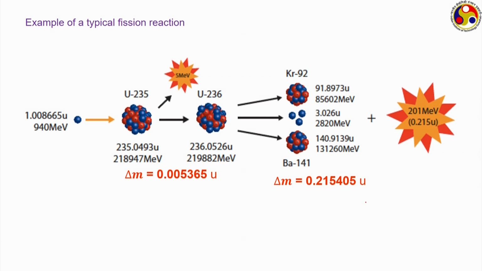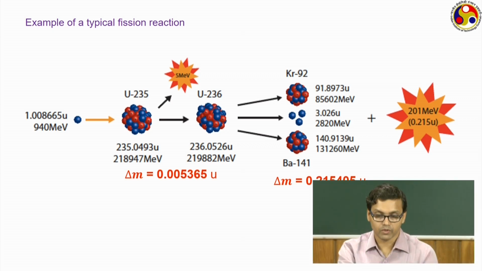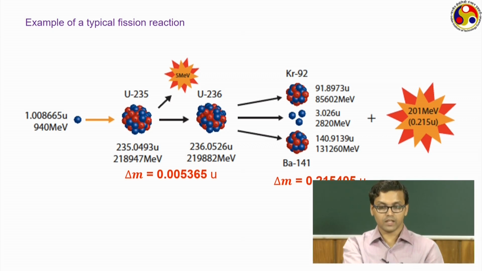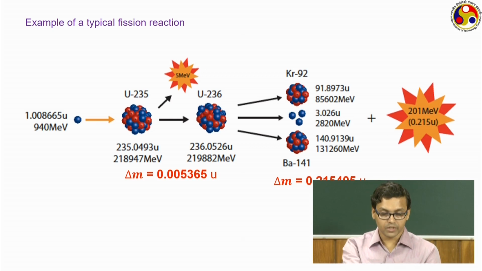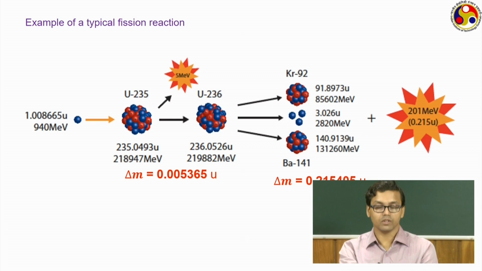While combining the figures shown here, we are getting only 206, but the products shown here, krypton and barium, are actually not the final products, because you can see particularly for barium, its mass number is 140, which is far off from the optimum value of 60. Therefore, it is likely that the krypton and barium may go through some further nuclear reactions, thereby releasing some more energy and finally getting converted to even lighter nuclei.